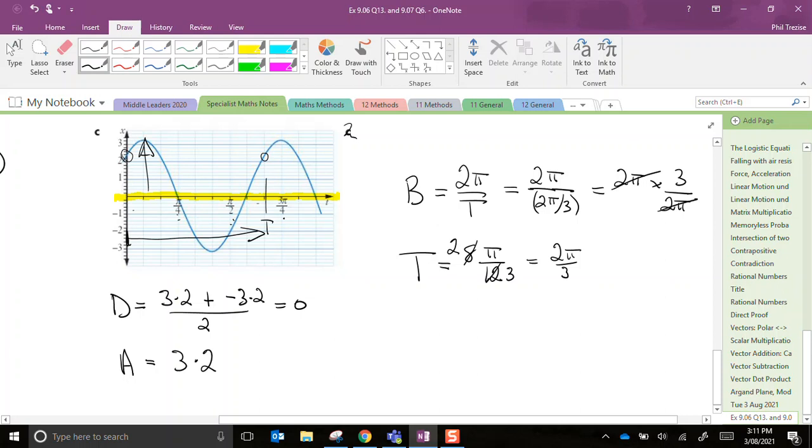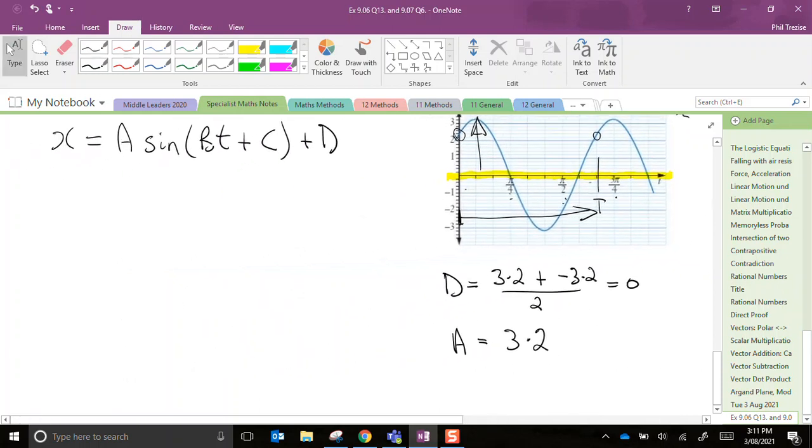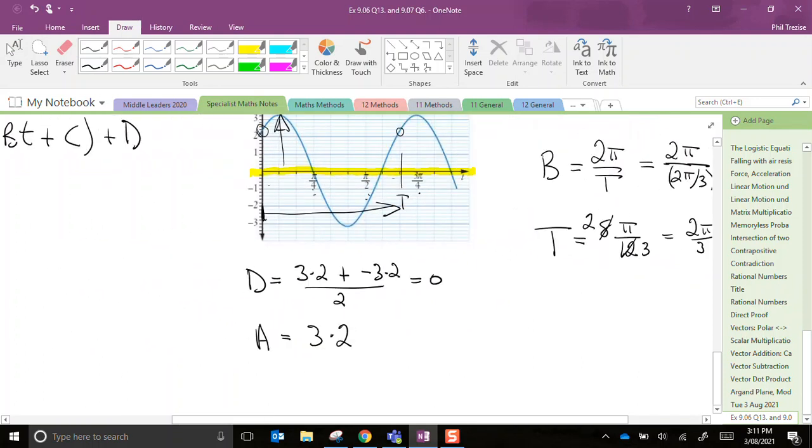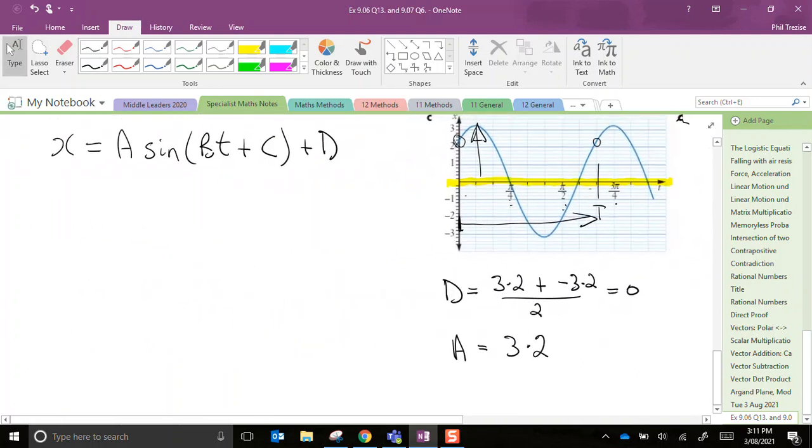Hey, that's handy. It looks like B equals the number 3. Yay! So B equals 3. Yep. I'm almost ready. I have x equals, amplitude was 3.2 by the sine. B equaled 3 times t. I do not know C. And D was 0.